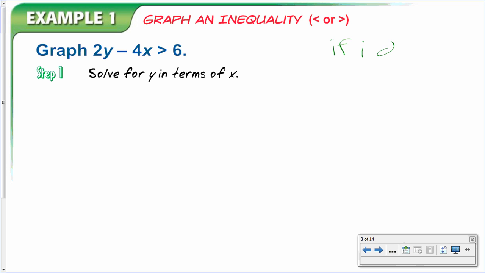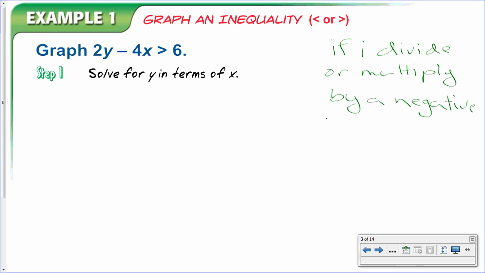If I divide or multiply by a negative number, my symbol, what? Good. My symbol flips. Flips, reverses, switches, whatever you want to use.